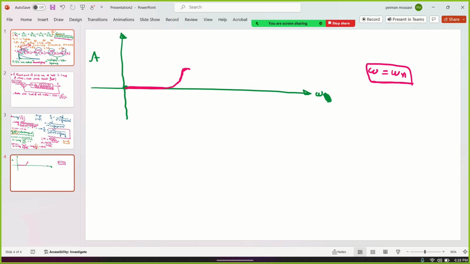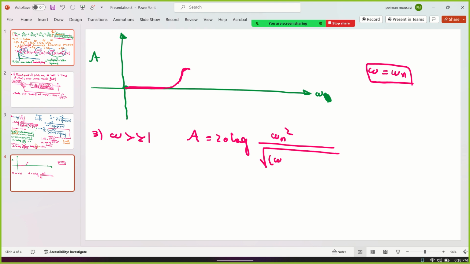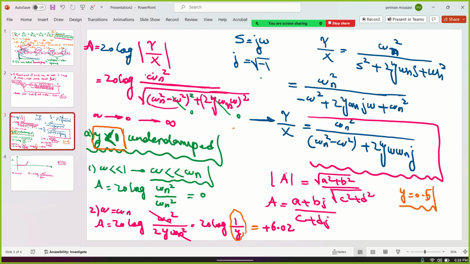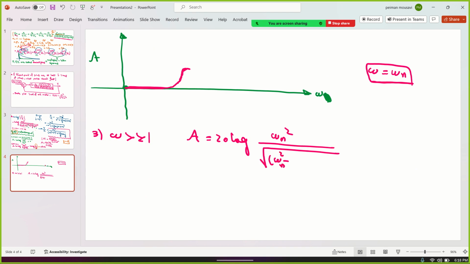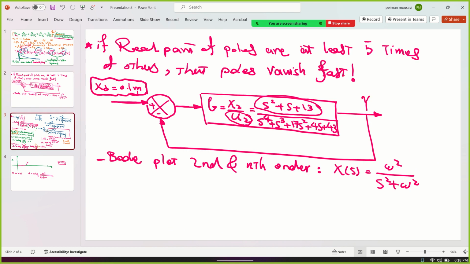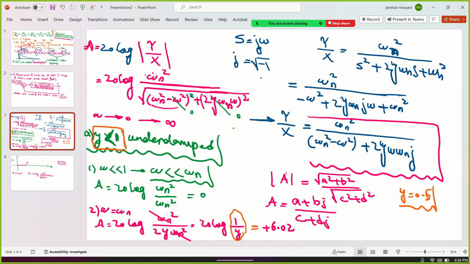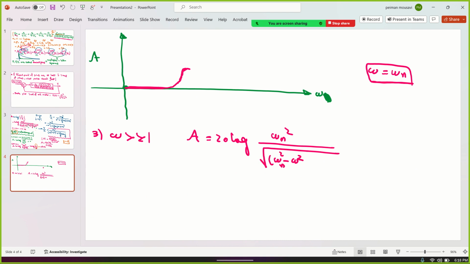Okay, and now the third case, if omega is much greater than omega n, A is 20 log of, again, omega n squared over the square root of (omega n squared minus omega squared) squared plus (2 zeta omega n omega) squared.